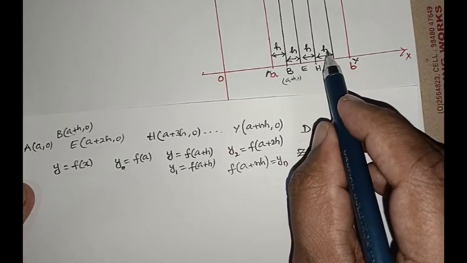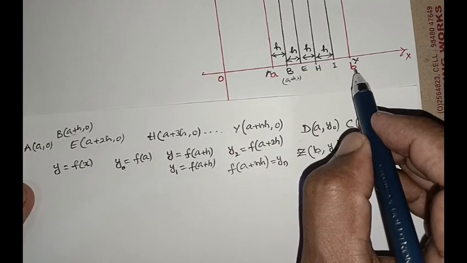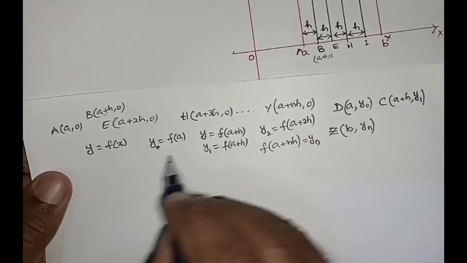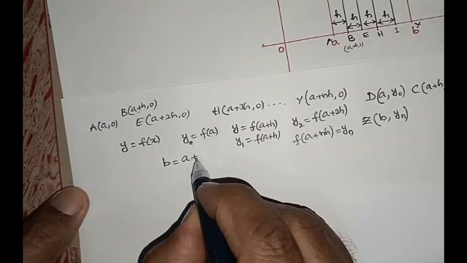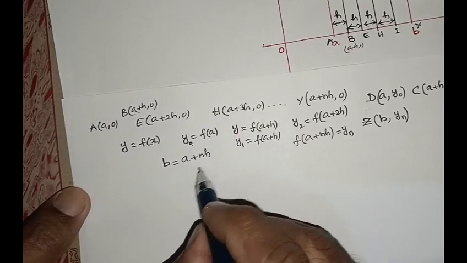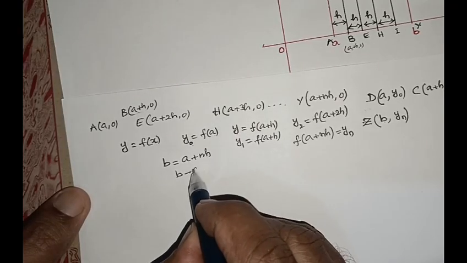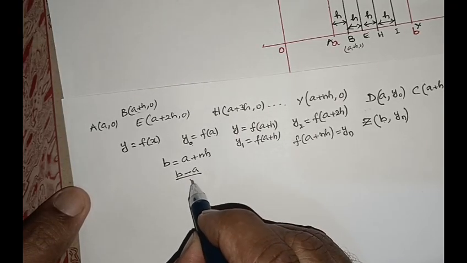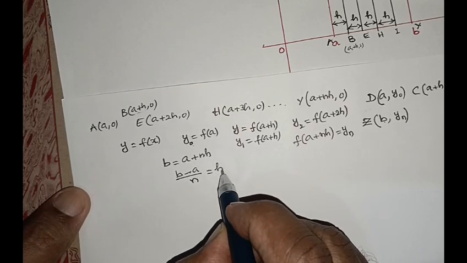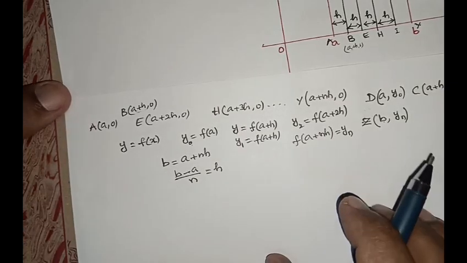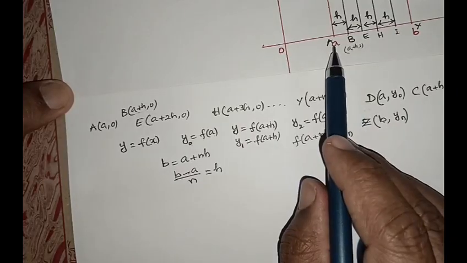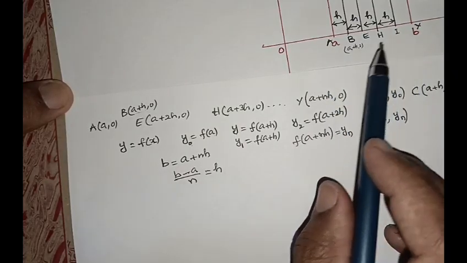That means n times h is increased. So b is equal to a plus nh, or (b minus a) by n is equal to h, where n is the number of subintervals in which the complete interval a to b is divided.